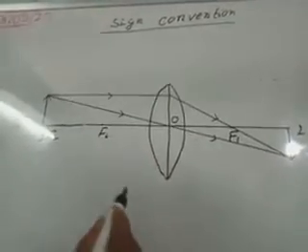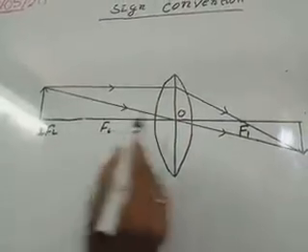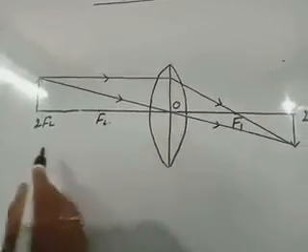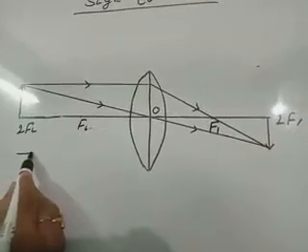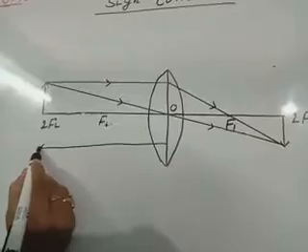Now, first of all, the distance. This is the object, this is the optic center. Distance will be measured from the optic center to the object.